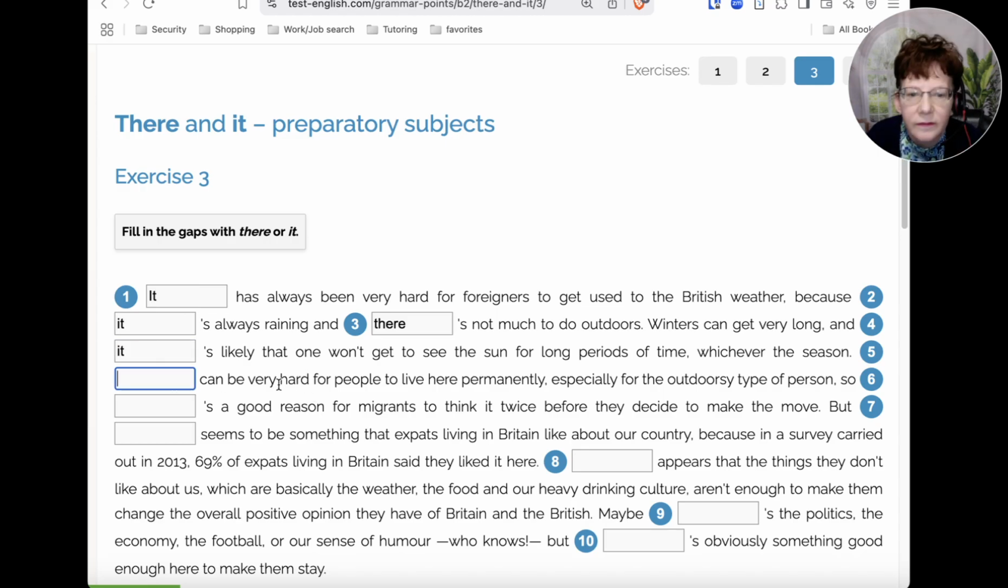Again, we have it at the beginning of a sentence. Number six, especially for the outdoorsy type of person. What's a good reason for migrants to think twice before they decide to make the move?